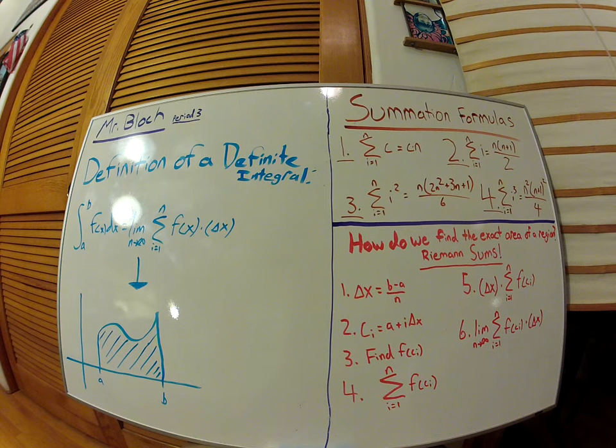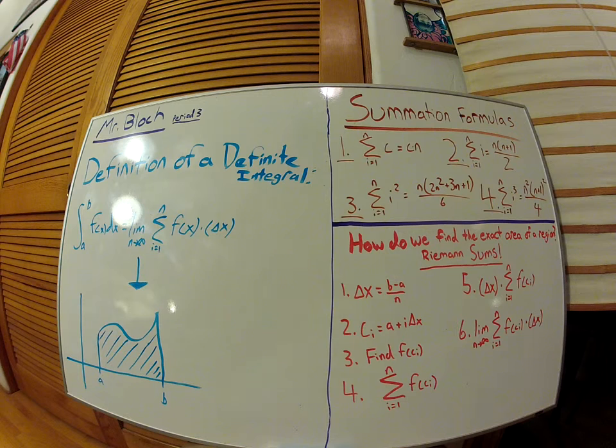The third is to find the function of c_i. Right here we would have f of x, the integral of f of x. We would plug c_i into that x, and we would go from there. Number 4 is to find the summation of f of c_i.